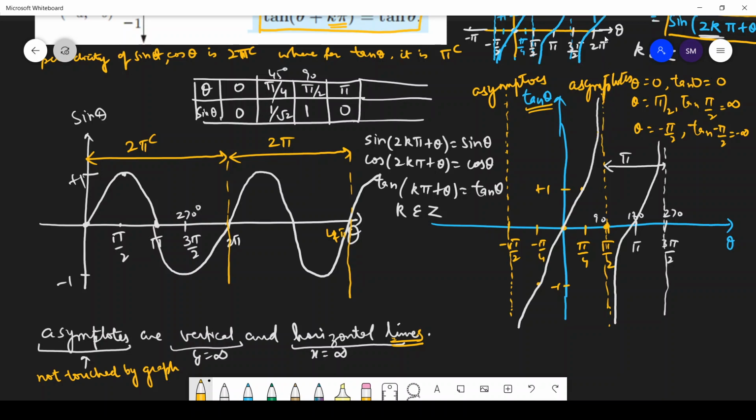The graph will keep going upwards but never touch this asymptote. Got it, students? Yes, sir.